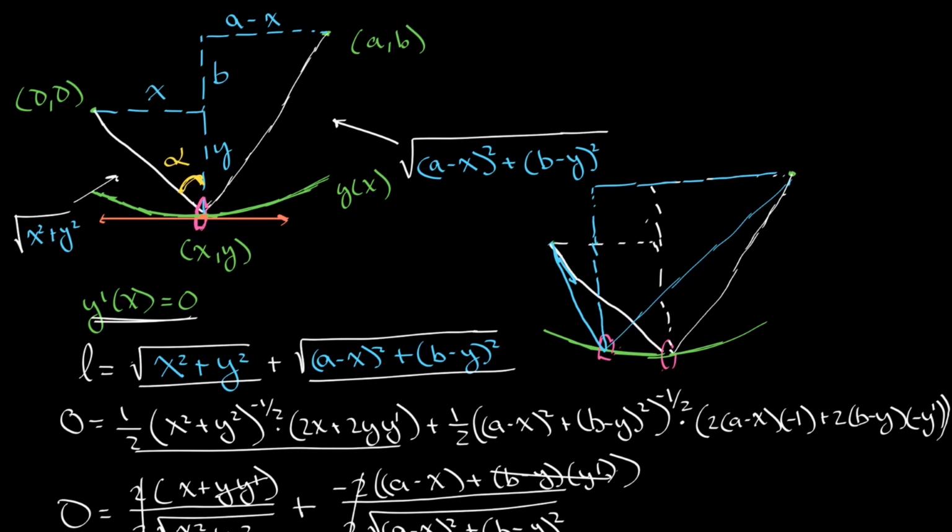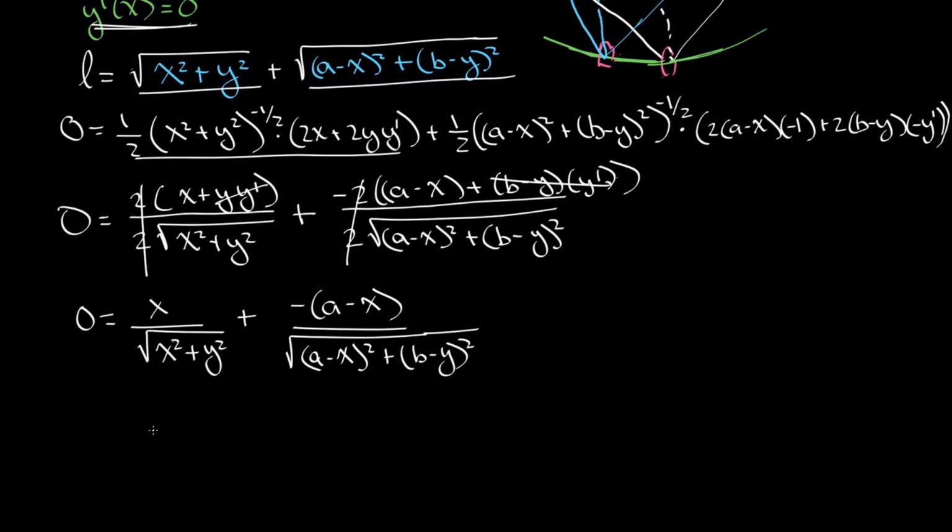So down here, let's go back down and rewrite it like that. This is really the sine of alpha. And now, what is this guy over here? What is a minus x over the square root of all of this?